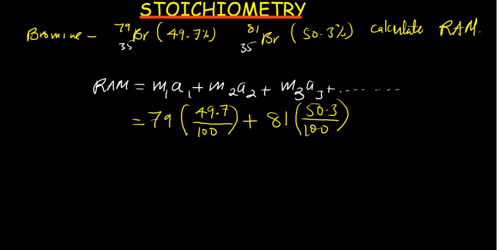So we're going to perform these calculations. That is 79 multiplied by, well, when you say 49.7 over 100, that is just 0.497. You can punch it on your calculator. So 79 multiplied by 0.497, and then plus 81 multiplied by 50.3 divided by 100, that will be 0.503.